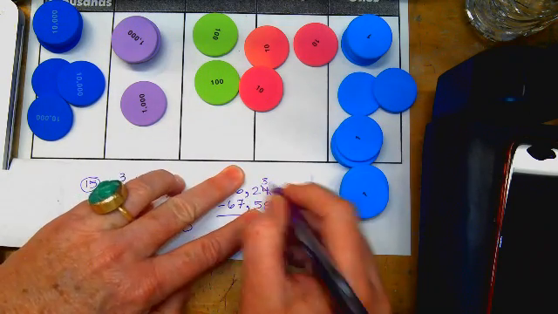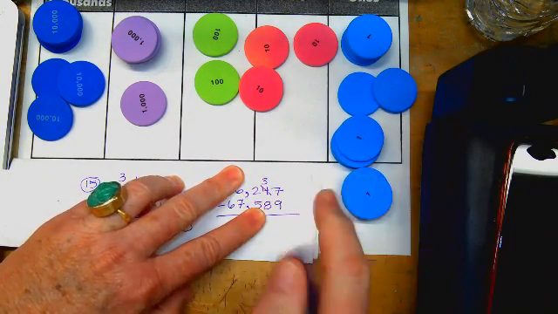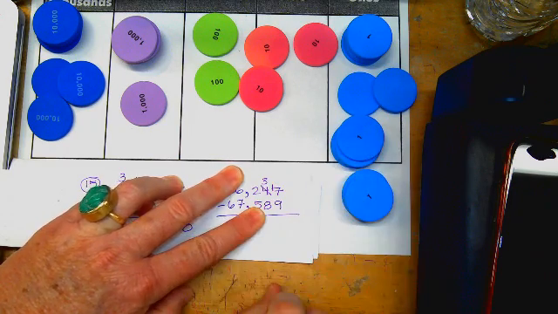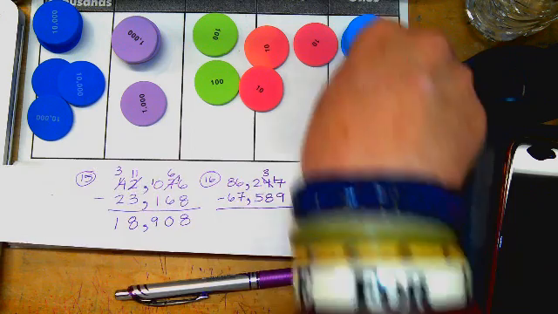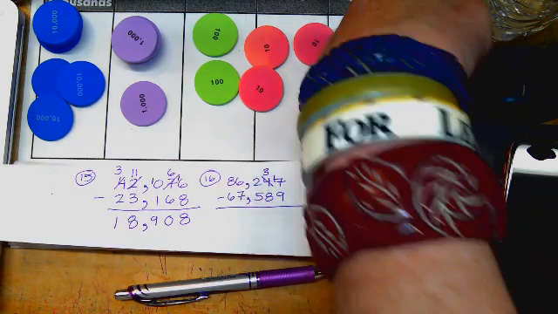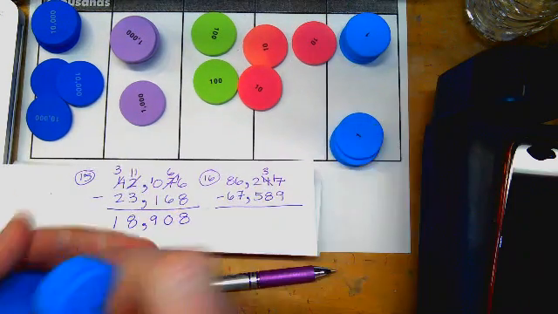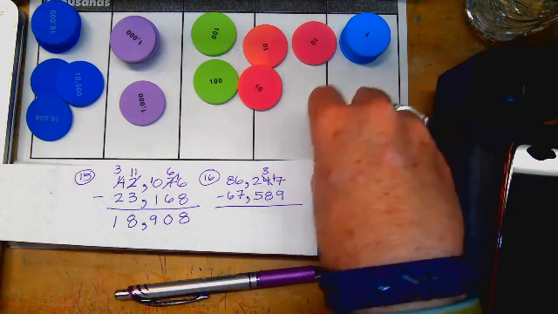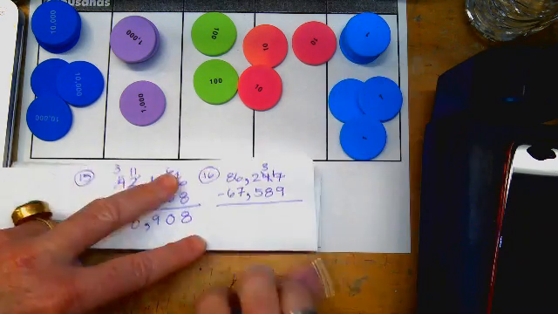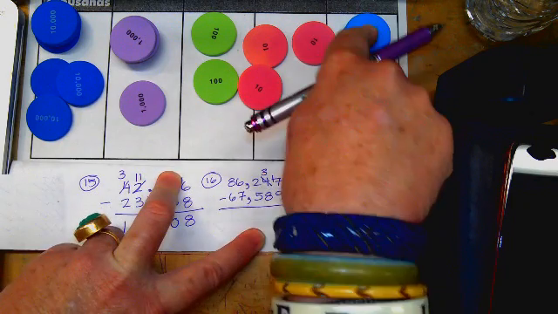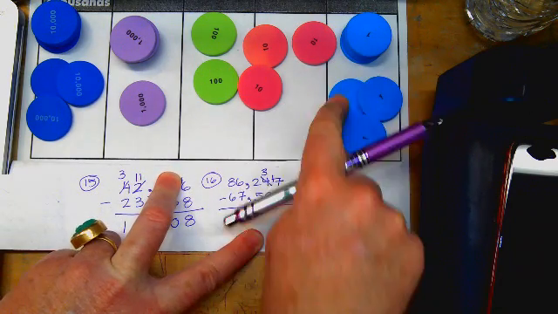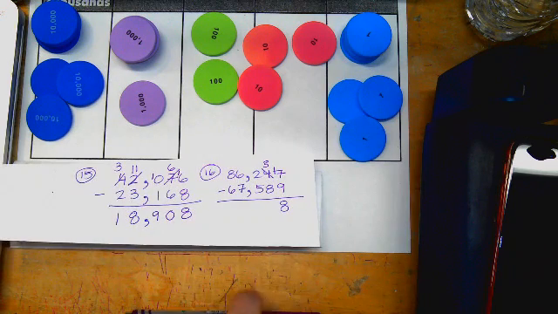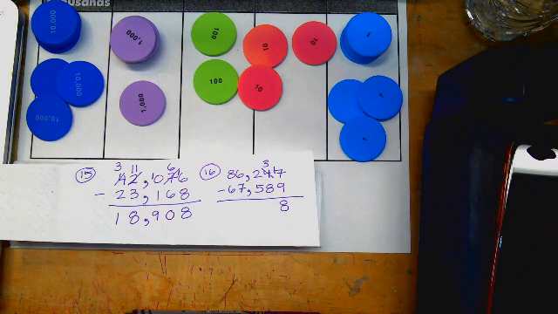So I just regrouped, and now I have 3 in the tens place, and instead of 7, I have 17. Now I can easily take 9 away: 1, 2, 3, 4, 5, 6, 7, 8, 9. So what do I have left? I have 8 left.